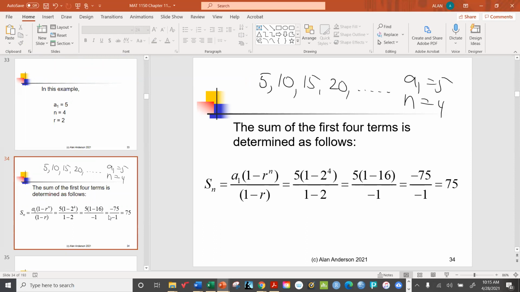So I'll plug those in here. And now what we should probably do is evaluate this first. So we've got 5 times 1 minus 16 over minus 1. Here it looks like I left out a step.